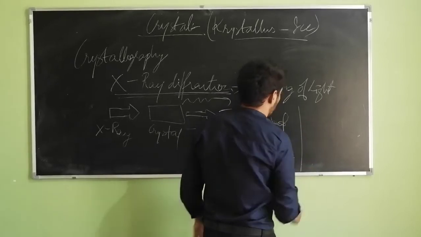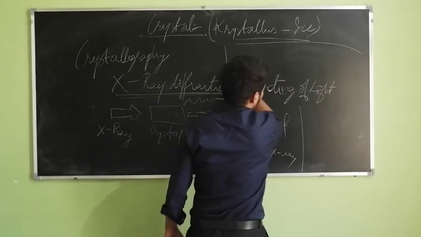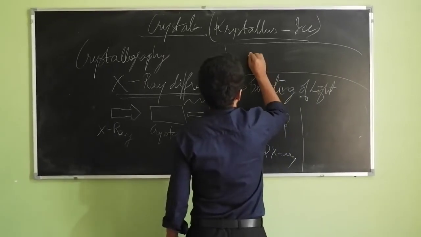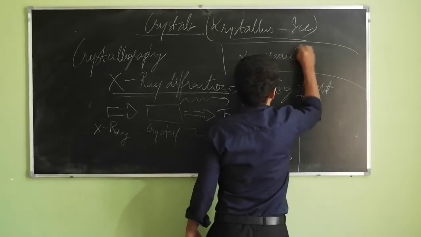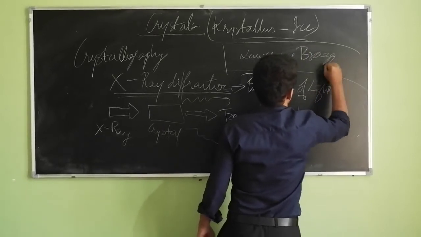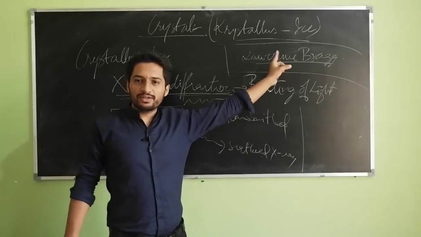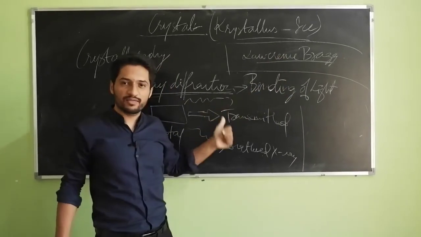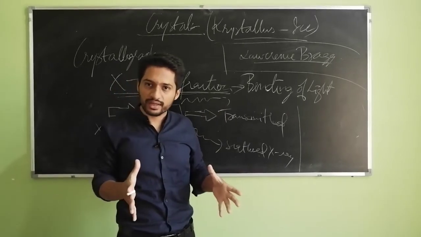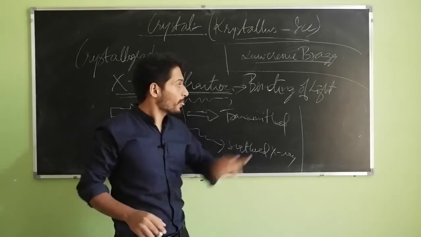And now I want you to remember this name, Lawrence Bragg. He in 1915 got Nobel Prize for this technique, X-ray diffraction. He perfected this technique. He did not invent it, he perfected it.